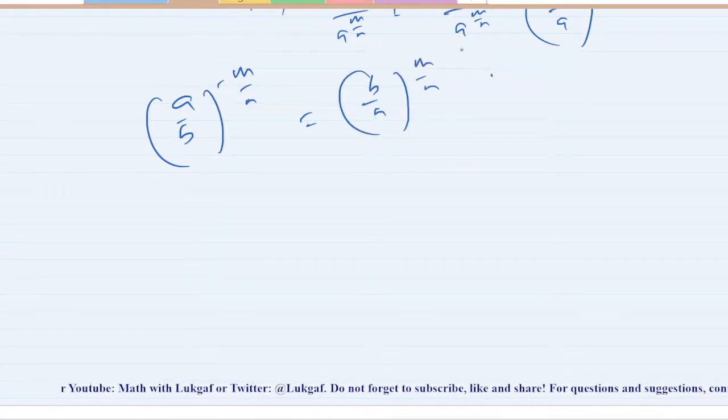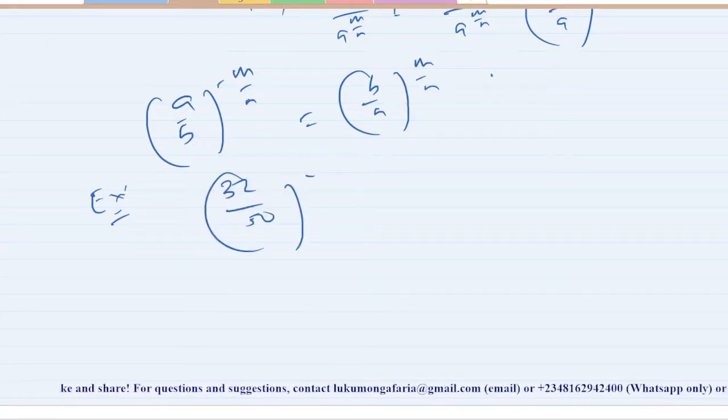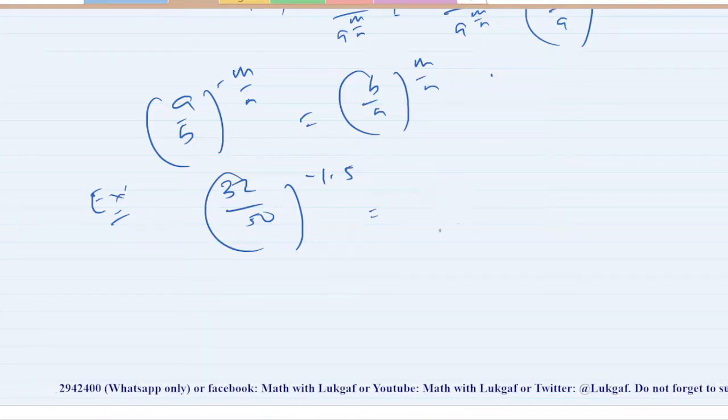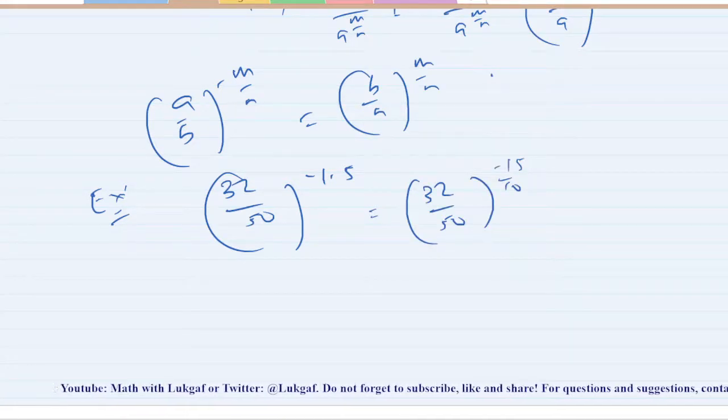Let me give you an example to back it up. Let's say I have 32 divided by 50, everything raised to minus 1.5. That is not difficult to do. Then remember, by this negative fractional index, you can say this is 32 divided by 50, everything raised to minus 15 over 10 when you convert it to a fraction.